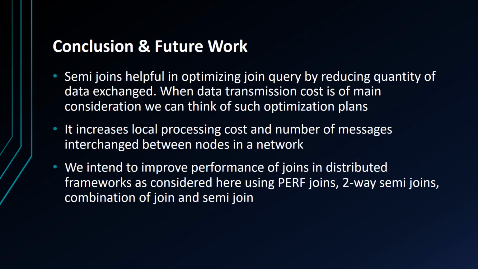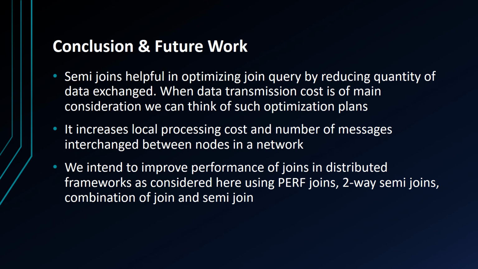We conclude our work by saying that semi-joins are helpful in optimizing the join query by reducing the quantity of data exchange. We have seen that instead of sending the whole relation, we can project a part of it and send only what is needed, which matches the joining attribute of the joining table.